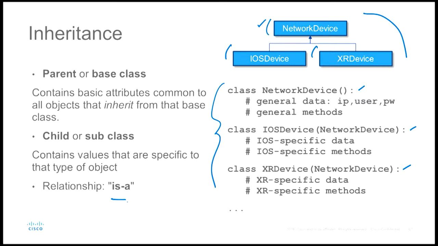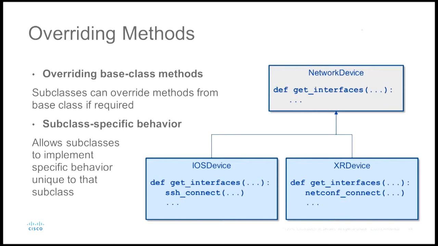That's the idea of inheritance. We can make use of the common stuff from the base class and have specific detailed differences in the child or subclasses. So going along with this idea of inheritance, in our base class, we can define a method in this situation called getInterfaces. But for an iOS device versus an XR device, the actual mechanism for getting interface information may be entirely different.